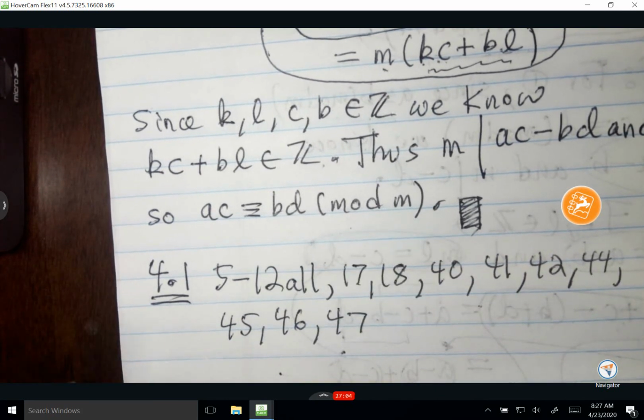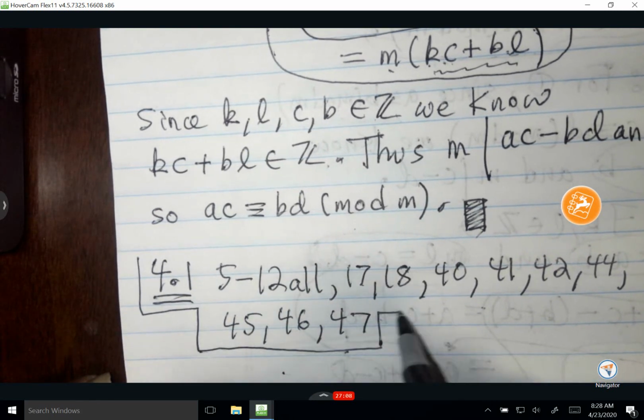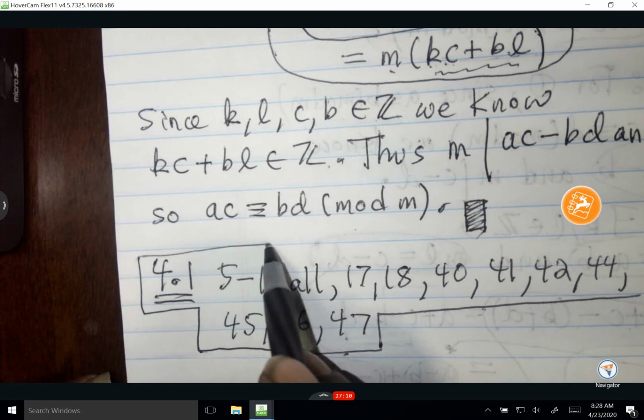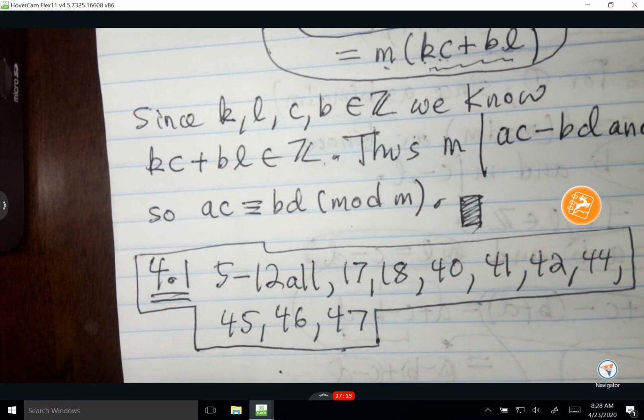So that's the assignment for 4.1. These are asking you to prove things about divisibility and modularity. Remember, you got Theorem 1 and Theorem 5 to use as weapons.